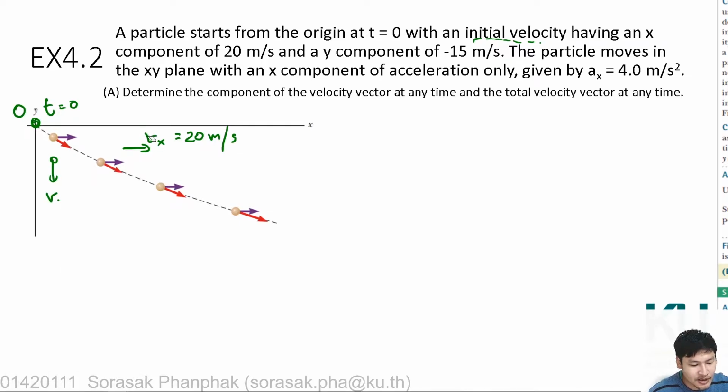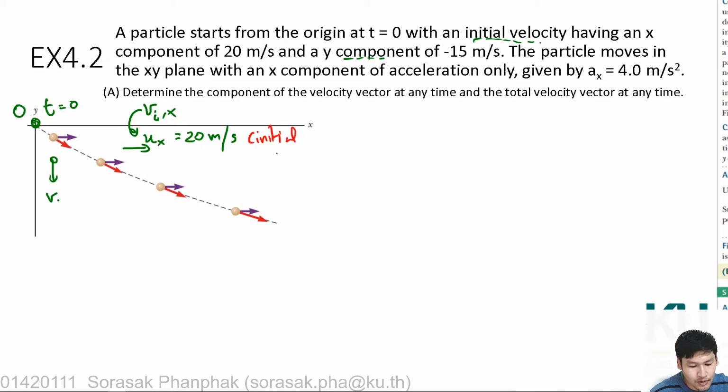I represent u as the initial velocity in this case. In some textbooks, it's written as Vix, right? But I'm going to use ux as the initial one.